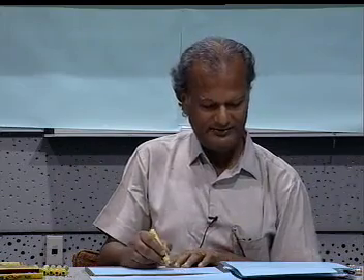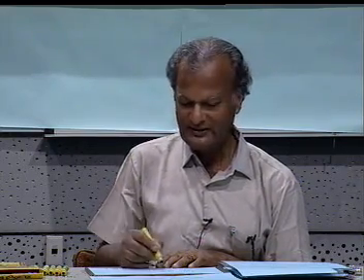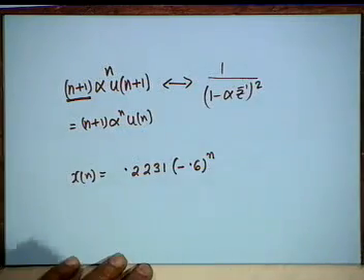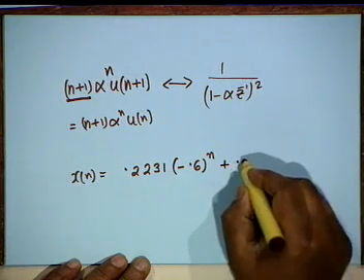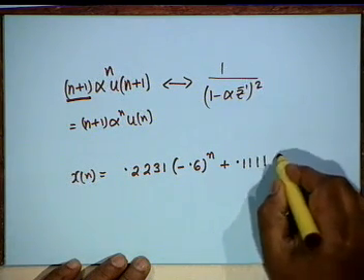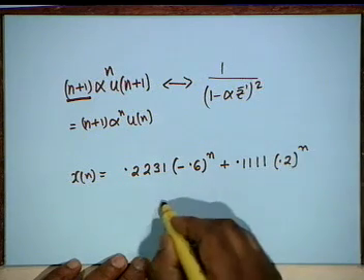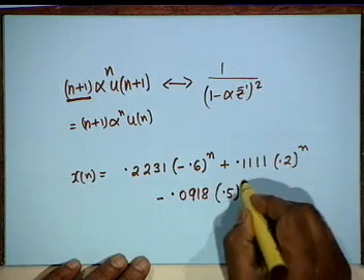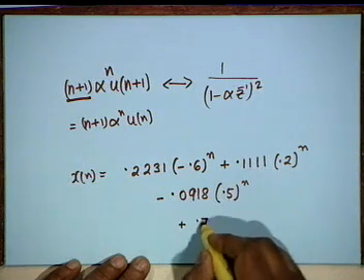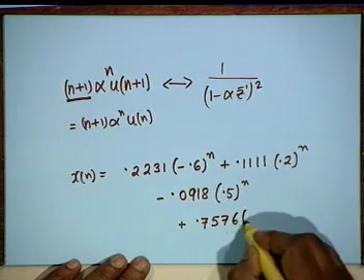The final result x(n) is equal to, now I truncate, 0.2231 minus 0.6 to the power n. I have gone up to the 4th place. You should go as many places as your calculator or computer allows. 0.1111 times 0.2 to the power n minus 0.0918 times 0.5 to the power n plus 0.7576 times n plus 1.